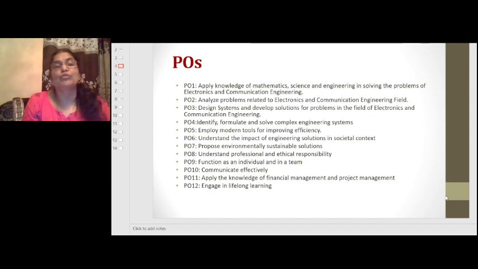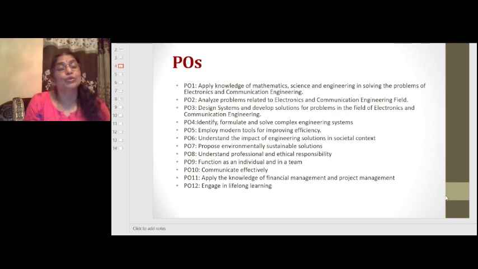Now next PO is analyze problems related to electronics and communication engineering field. Third PO is design systems and develop solutions for problems in the field of electronics communication engineering. Now the fourth PO is identify, formulate and solve complex engineering systems. The fifth PO is employ modern tools for improving efficiency.